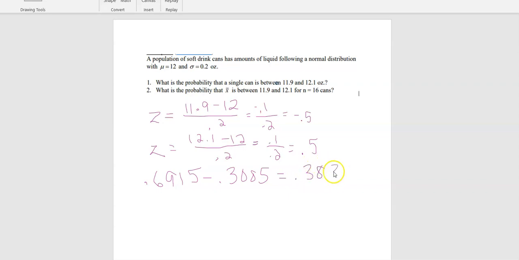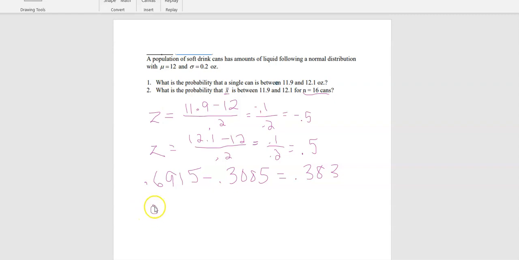Now, let's notice number 2 is a between problem, but we're looking at X bar instead of just an X, a single can. We have a sample size of 16 cans. So we saw in the last video that for the sampling distribution, the mean of the sampling distribution is still the same as the mean of the population, but the standard deviation is different.